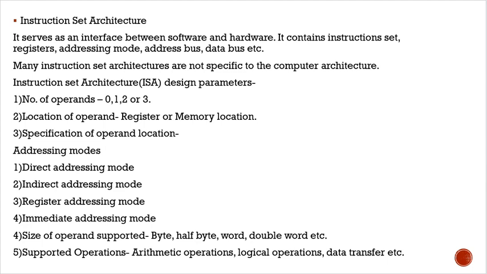There are different addressing modes present in MIPS 32 like direct, indirect, register addressing mode and immediate addressing mode. Then the fourth parameter is size of operand supported, whether the architecture supports byte, half byte, word or double word, etc. And the fifth design parameter is supported operations like arithmetic, logical and data transfer.